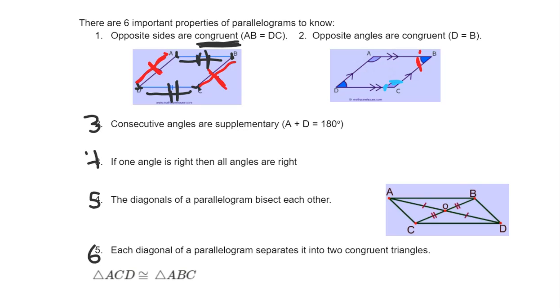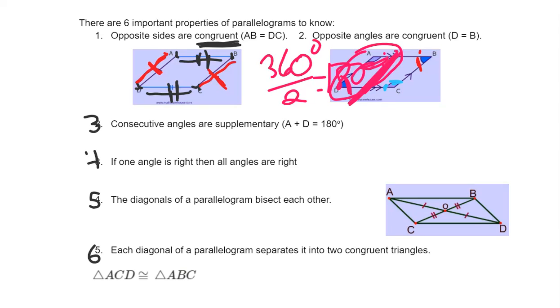So if I look at my angle A and angle D, consecutive just means they're 2 in a row. That means that these 2 angles are going to be supplementary, which means they're going to add up to 180 degrees, which will make sense because essentially they're half of this parallelogram. If a parallelogram is 360 total degrees, half of it we know has got to be 180 degrees.